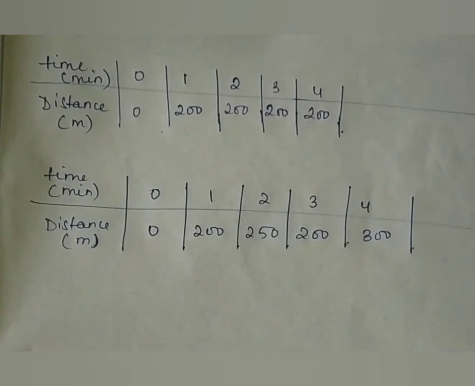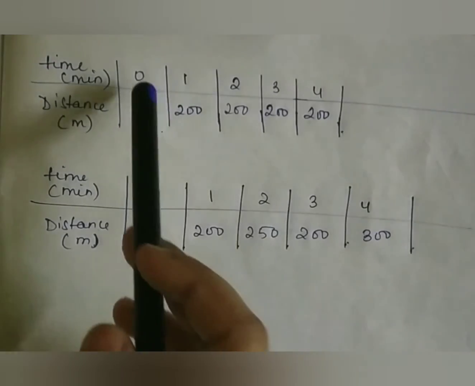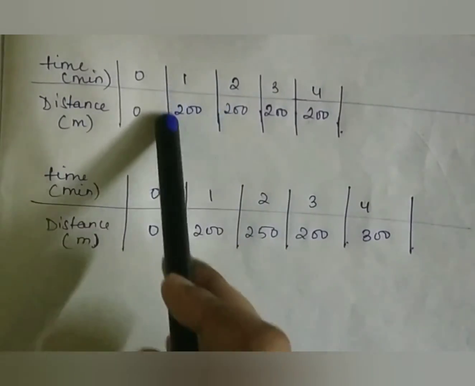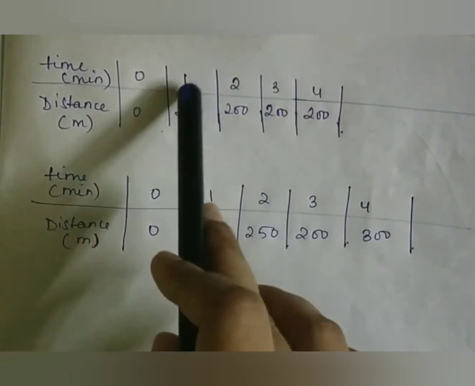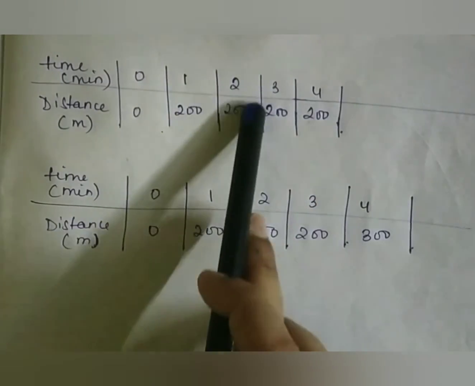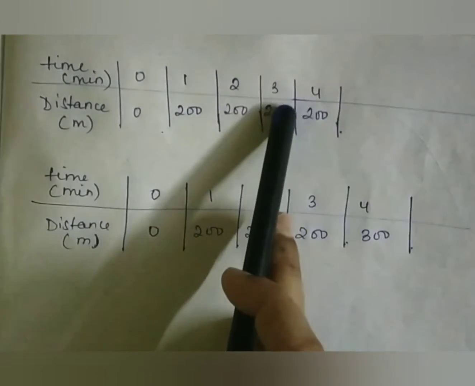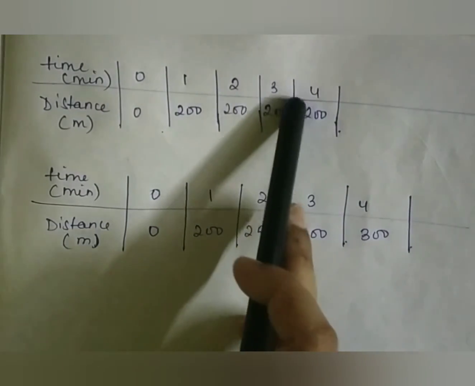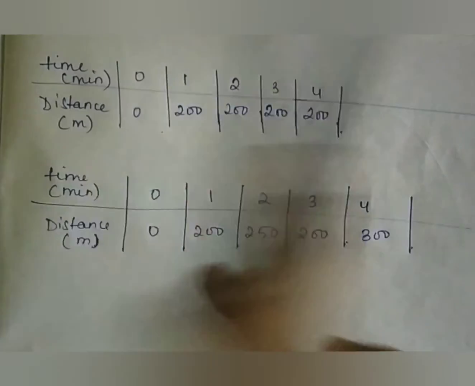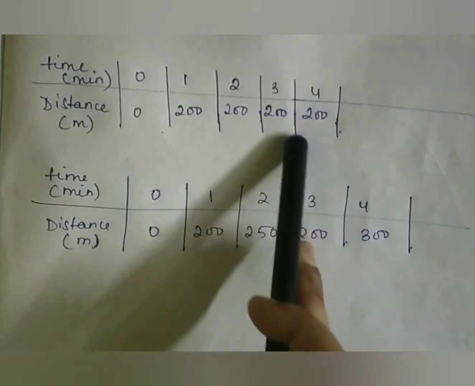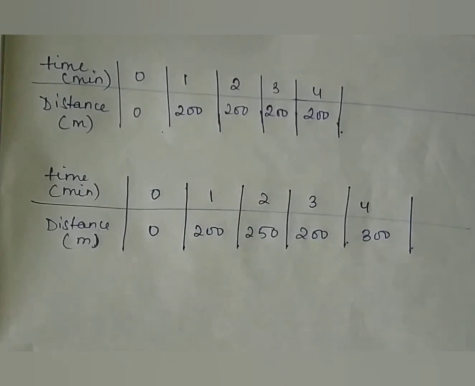As in when you started to walk, in the first minute, you travel 200 meters. In the next 1 minute, you travel another 200 meters. In the next 1 minute, you travel 200 meters again. And in the next 1 minute, you again travel 200 meters. So if you see, in each minute, you are traveling the fixed amount of distance, which is 200.